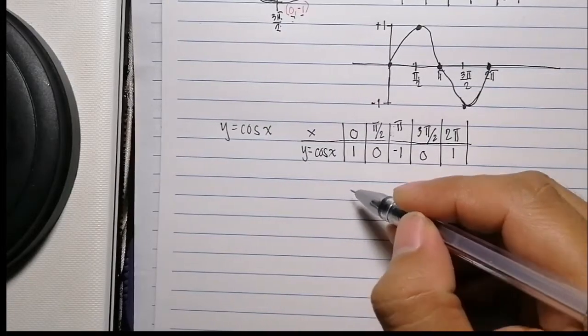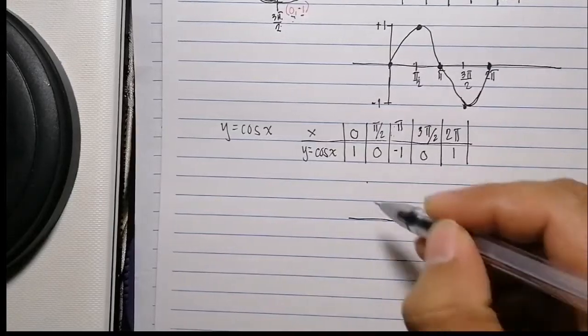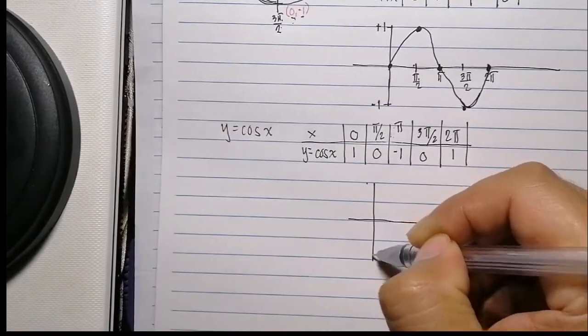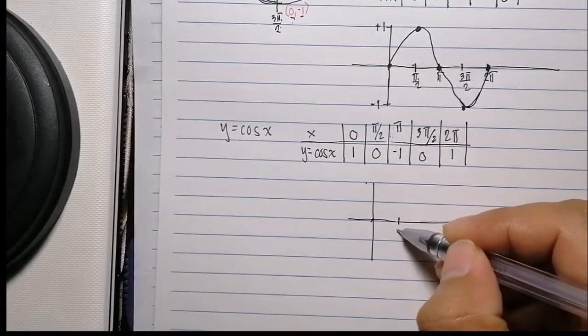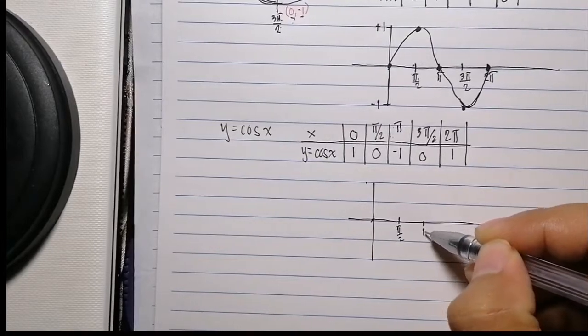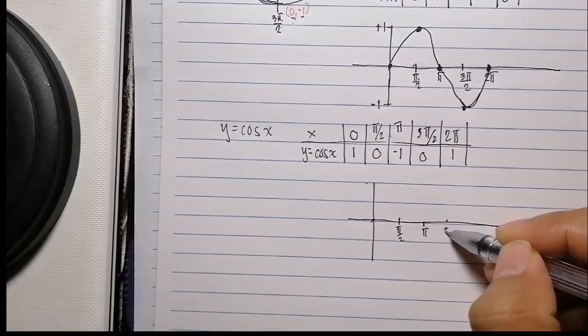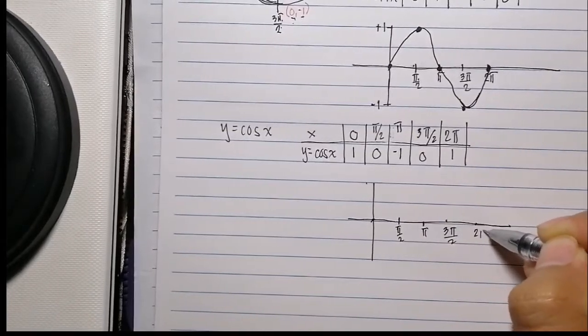So let's draw the graph. This is your pi over 2. This is your pi. 3 pi over 2. And your 2 pi.